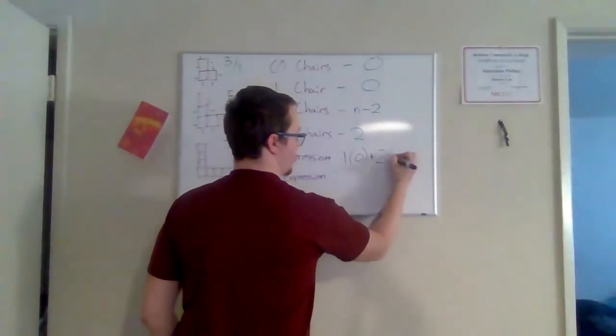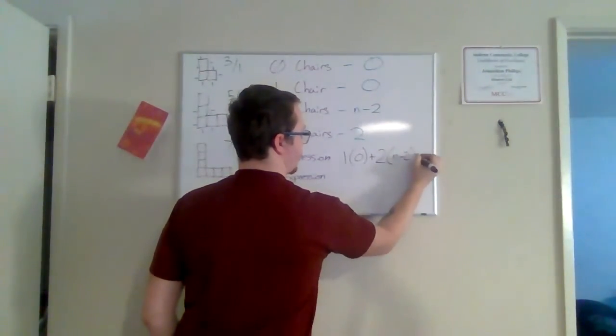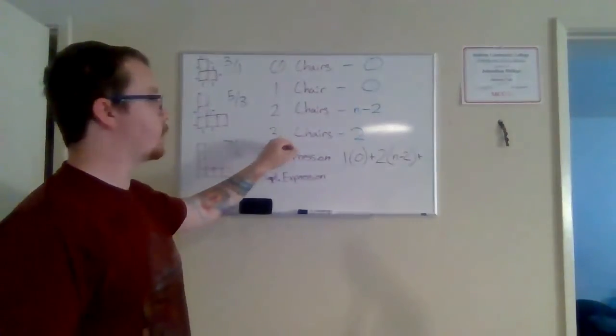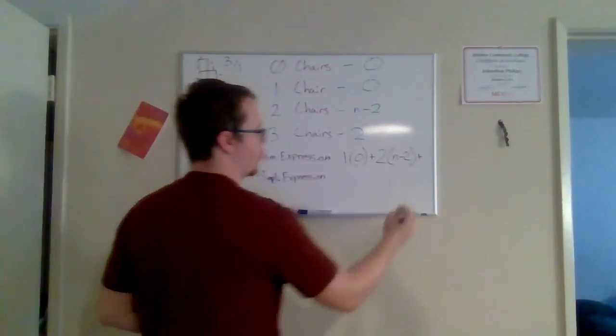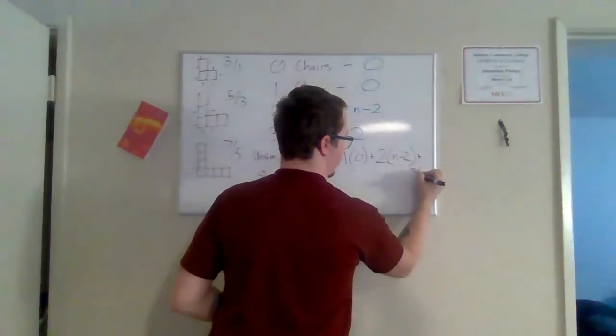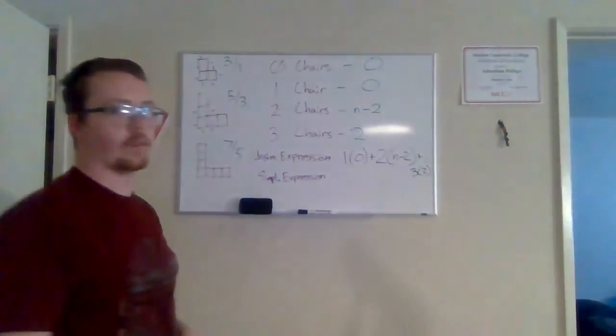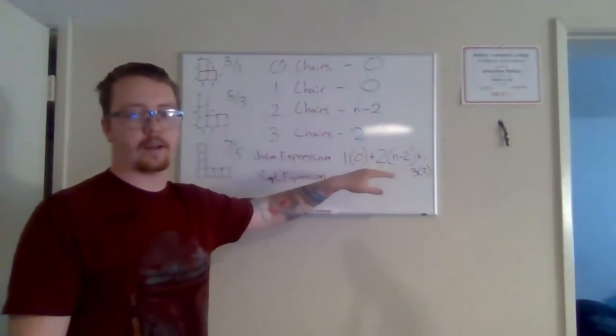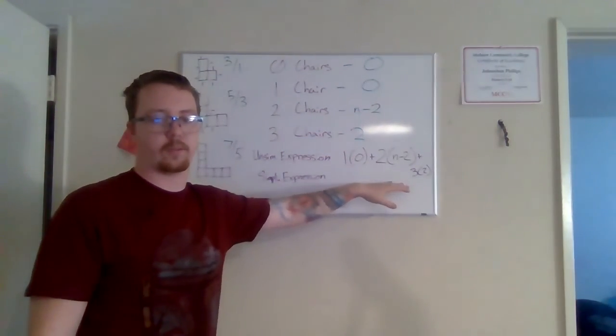So we have 2 times n minus 2, plus 3 chairs at 2 tables always. So that's going to be 3 times 2. Sorry, I ran out of room. And that's your unsimplified expression, just this all the way across the board.